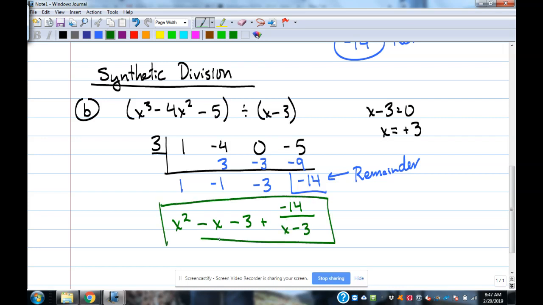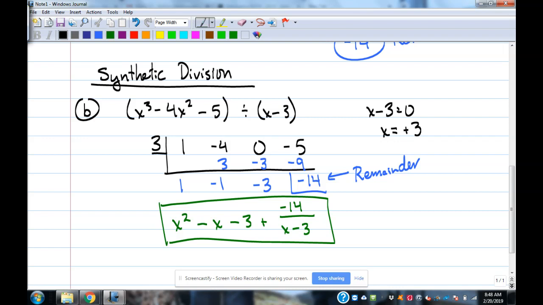So it gets you the same quotient, same remainder as it does with long division. But synthetic division is a little quicker, a little cleaner, not as much distributive property and all that stuff to do. But it only can happen if you're using a linear divisor. Okay, only linear divisors.